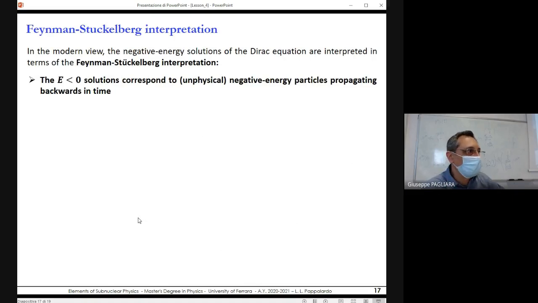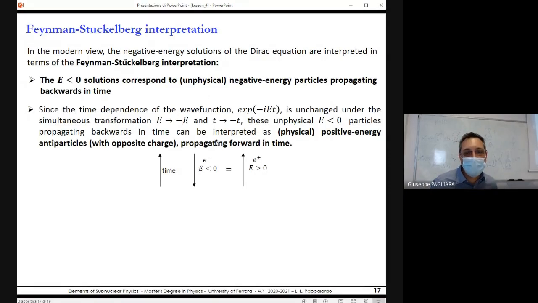So we have to interpret this negative energy solution in a smarter, more modern way, and this is the so-called Feynman-Stueckelberg interpretation. According to this interpretation, the negative energy solution corresponds to an unphysical negative energy particle propagating backward in time. So it's just a mathematical result, without physical meaning. However, if you look at the time dependence of the wave function, which is the usual exponential, you realize that it remains unchanged under the simultaneous transformation of E to minus E and t to minus t.